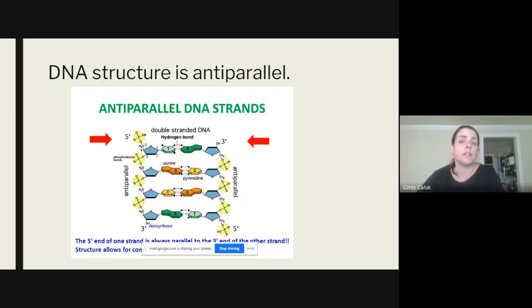So only one side of the DNA is going to be read. And that's going to make sure that we're making the correct protein, okay? So just like with the nitrogen bases pairing up A to T, G to C, keeps the continuity of the genetic message, only reading one side to make my RNA also keeps the continuity of my genetic message, right?